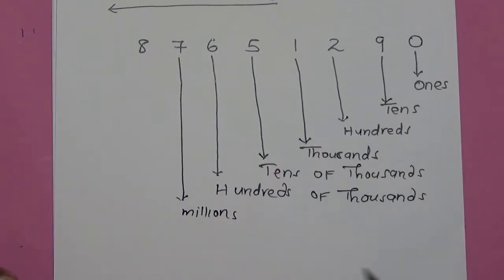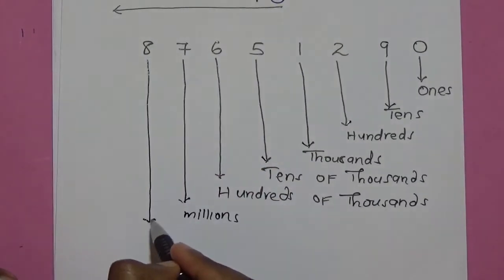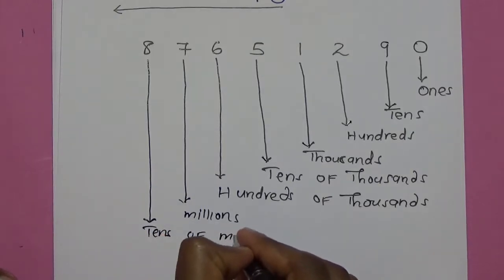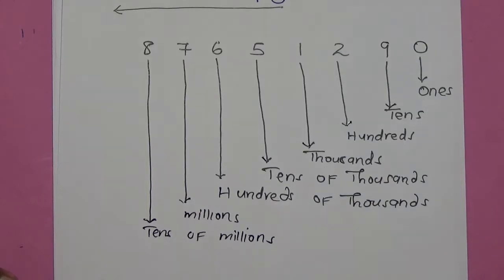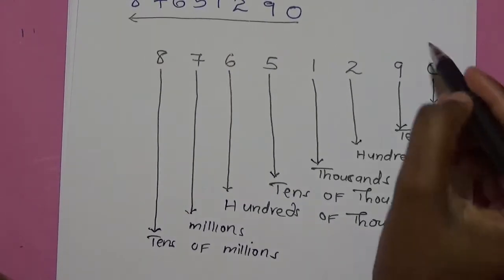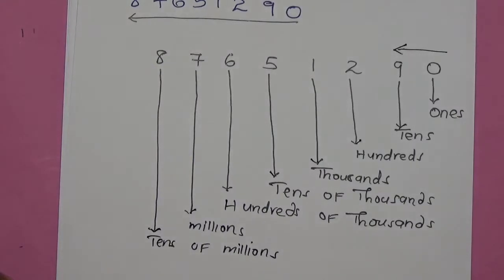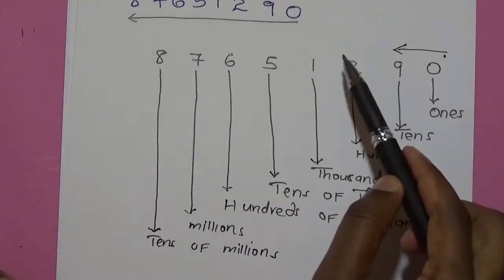And lastly, the place value of 8 will be tens of millions. So this number had more digits, but as we have said, you always start on the right side going to the left side.